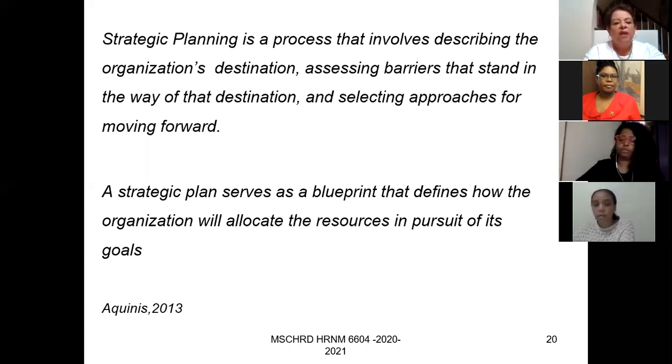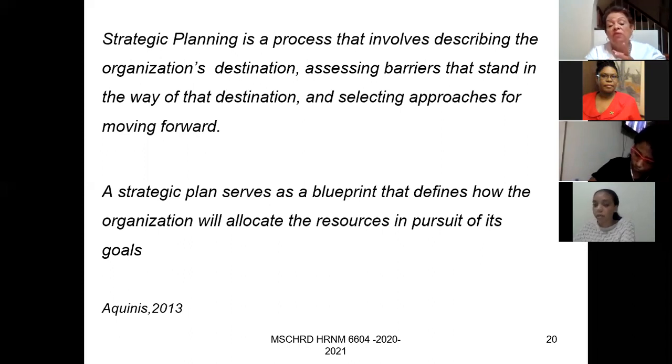But basically, it's the process, as it says here, that sets the organization's destination. It's also the process that looks at what are the gaps or barriers that could prevent the organization from moving forward. And it's also the process by which they select the approaches that they're going to use.